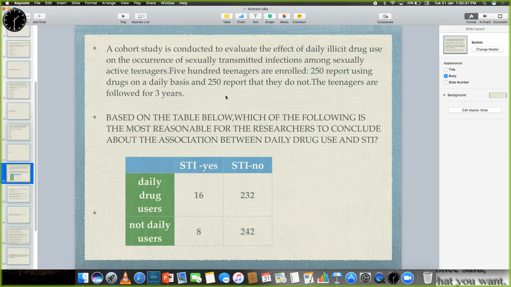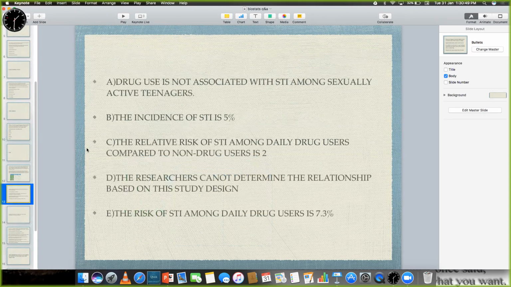I couldn't fit it in the same slide with the options as well, so I'll flip to the options. If you have read the question, you've understood it, right? Just in case you want me to flip back to the question, just tell me. The options are: drug use is not associated with STIs among sexually active teenagers.